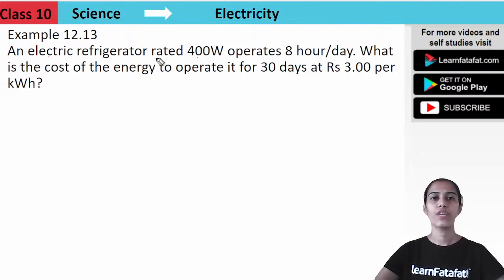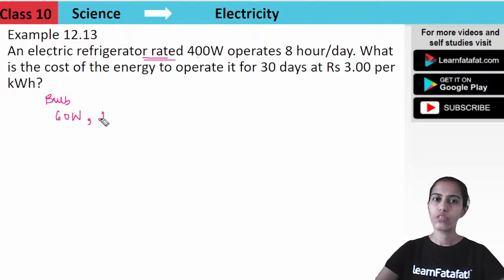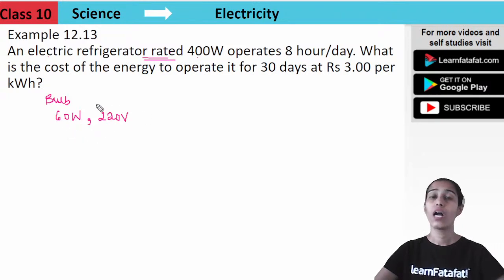तो देखो every electrical appliance comes with a rating. So if you have seen, if I just speak normally of a bulb, for example, 60 watt bulb, watt and volt, both are mentioned. Okay, that's called the power rating of an appliance.